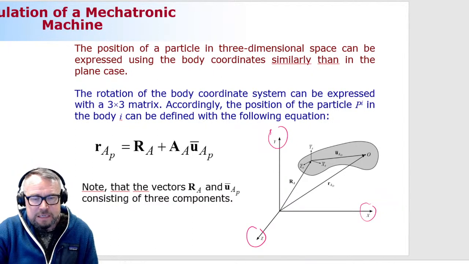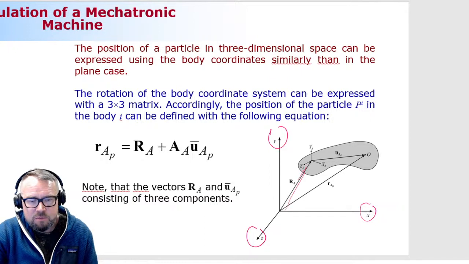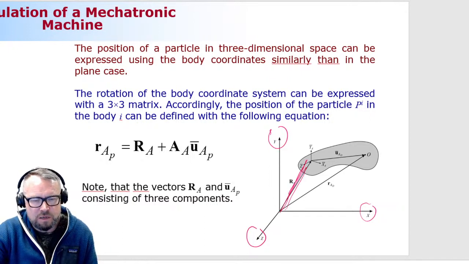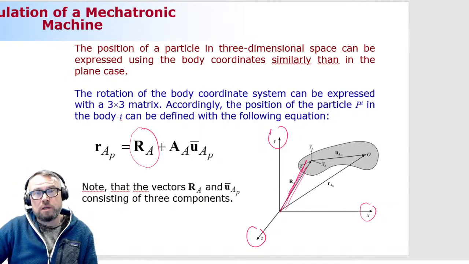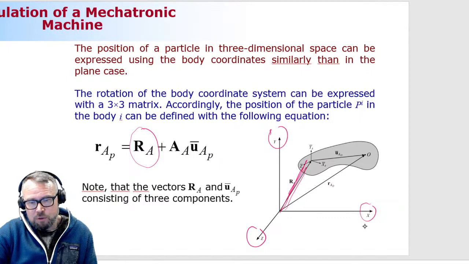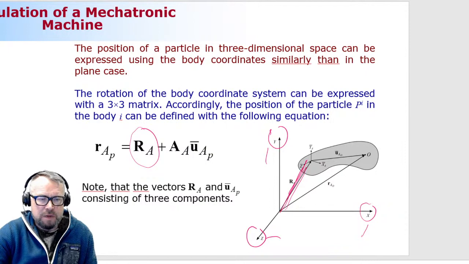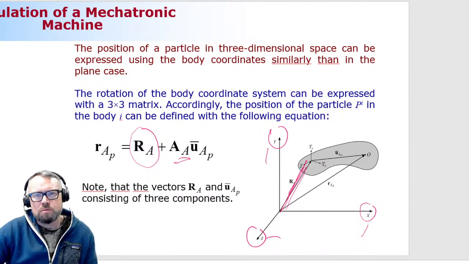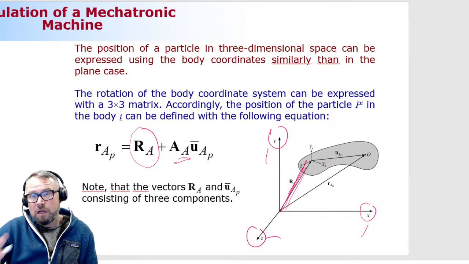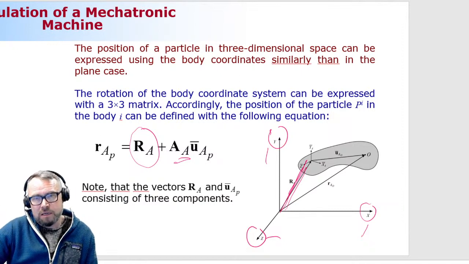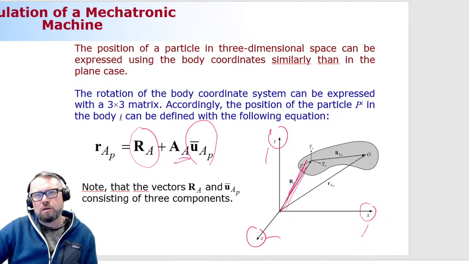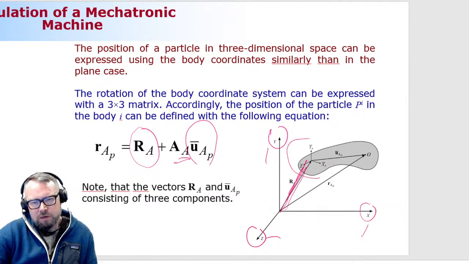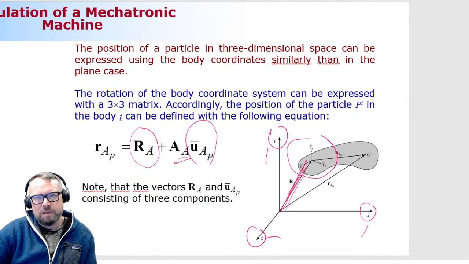In that case, vector R that describes the translation of the body reference coordinate system consists of 3 components because it has to have a projection along the X, Y, and Z coordinate axes. The rotation matrix is going to be a 3 by 3 rotation matrix, which we're going to take a look at in a minute. And the vector U bar again consists of 3 components because the body coordinate system has 3 axes. So that's where they're coming from.